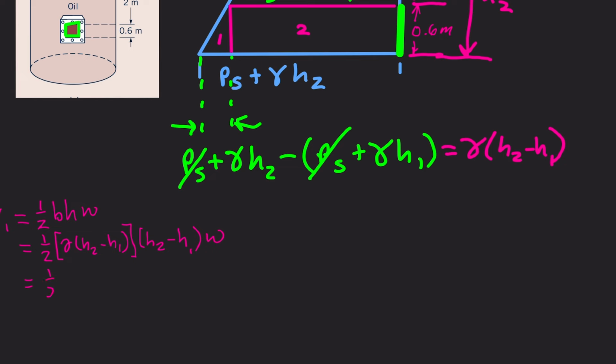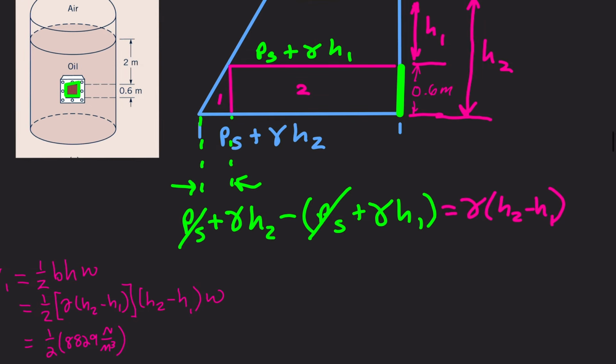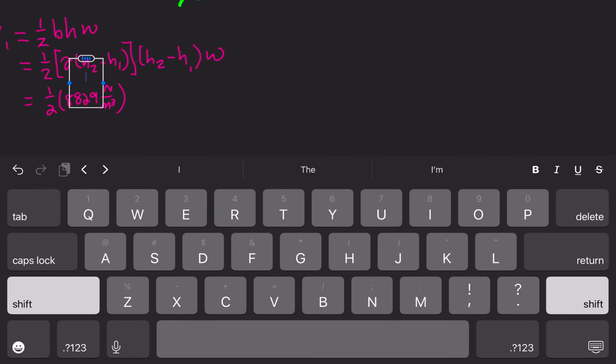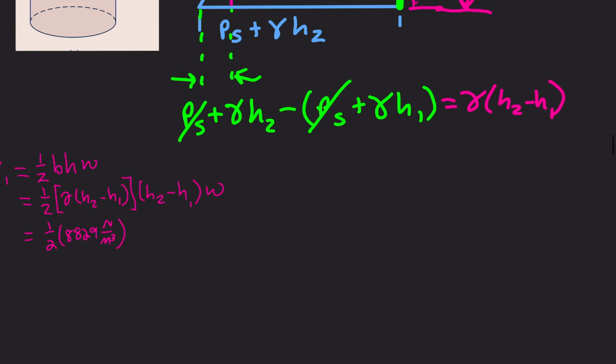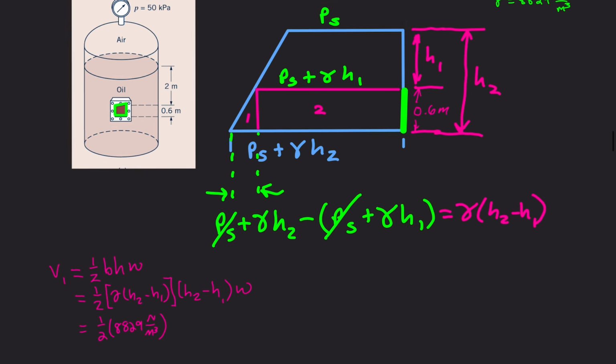So we have 1/2 times 8829 newtons per cubic meter. And I'm just going to go ahead and write all of these terms as one term cubed, since they're all the same, right? H2 minus H1 is 0.6.